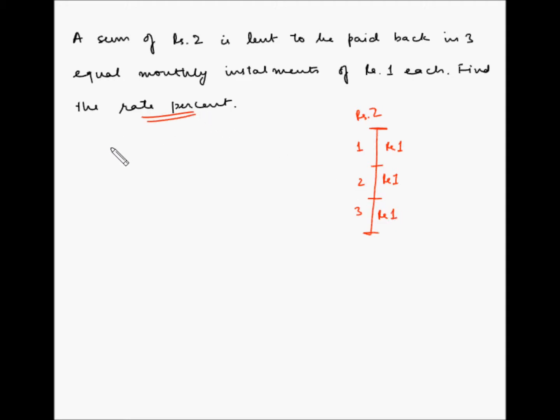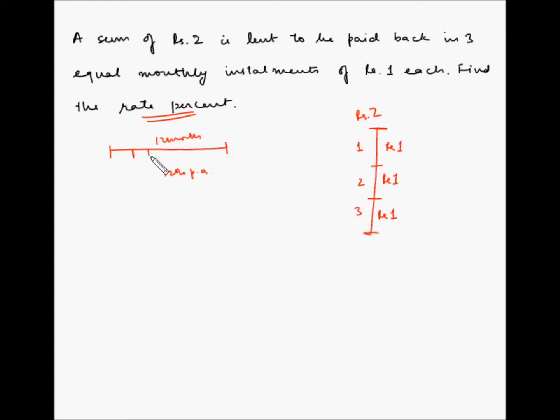Let's understand some concepts here. So suppose I have a time frame of 12 months and the rate is given to me as 12% per annum. What that means is that if I have to find out the rate per month, it is 12 divided by 12.